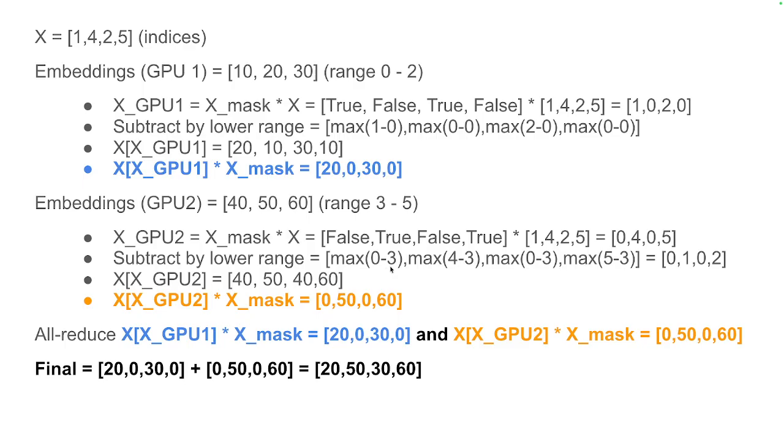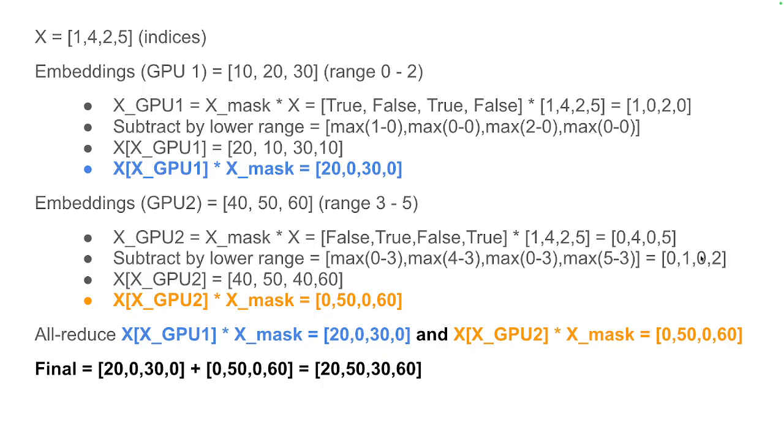So you subtract 3 from all of them, and to not go below 0, you keep a max with 0. You get back 0, 1, 0, 2. Based on this you get the embeddings again. On the 0th index it's 40, hence it's 40 here. On the first index it's 50, so 50 is here.